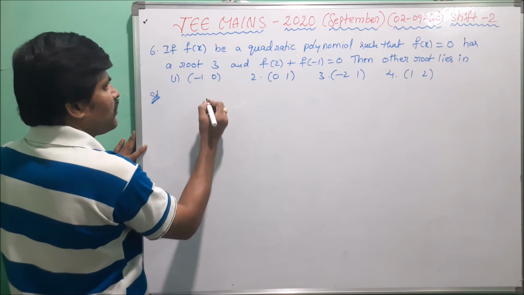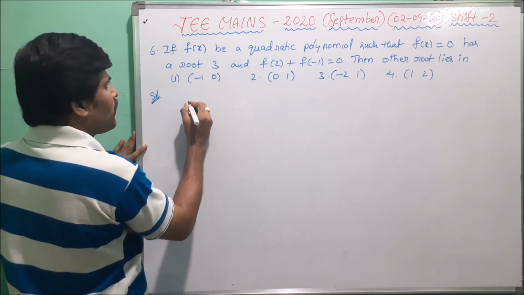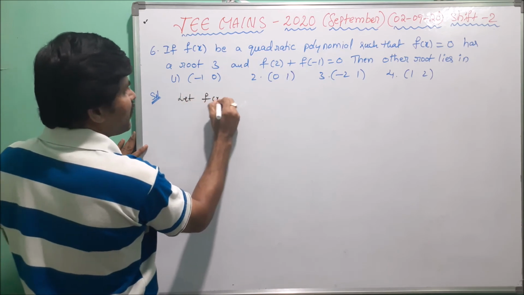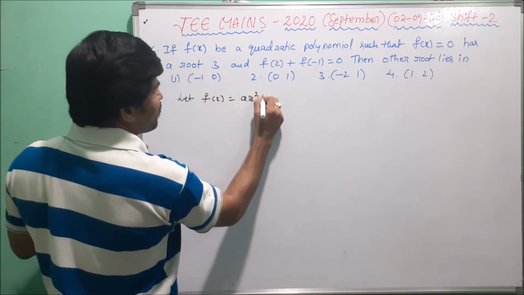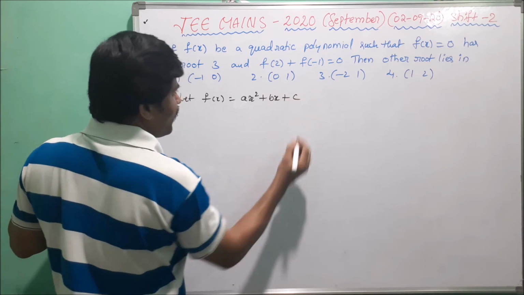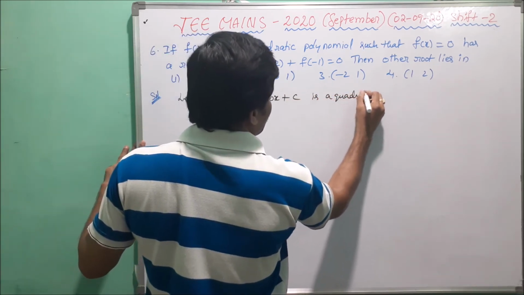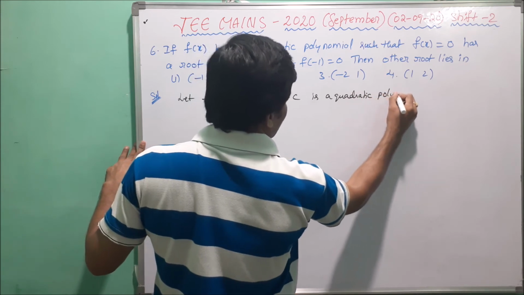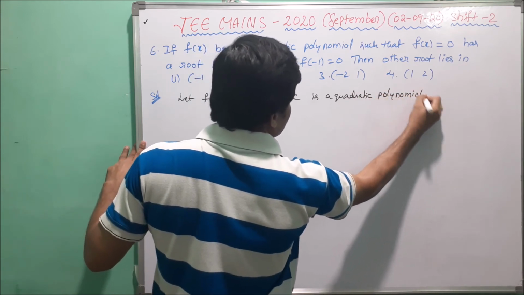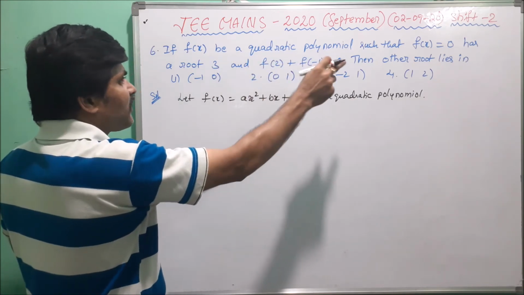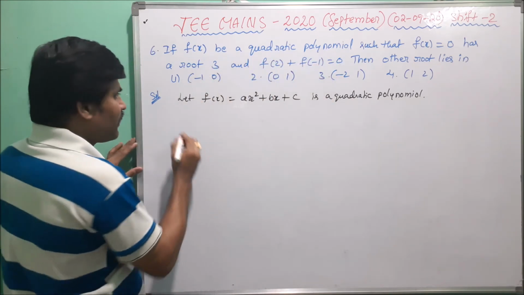So first we take the polynomial as a quadratic polynomial. So let f of x equal a x square plus b x plus c. Here clearly given f of x equal to 0 has a root 3.